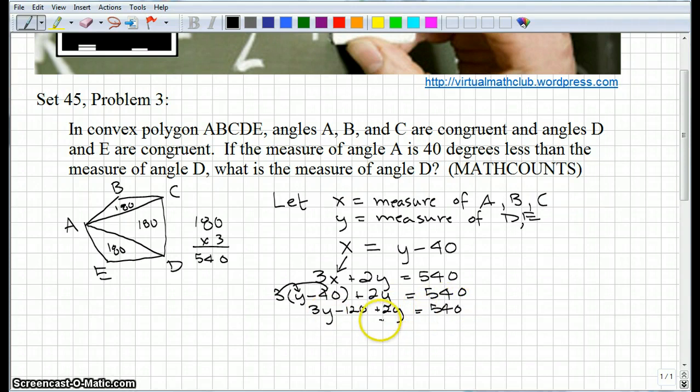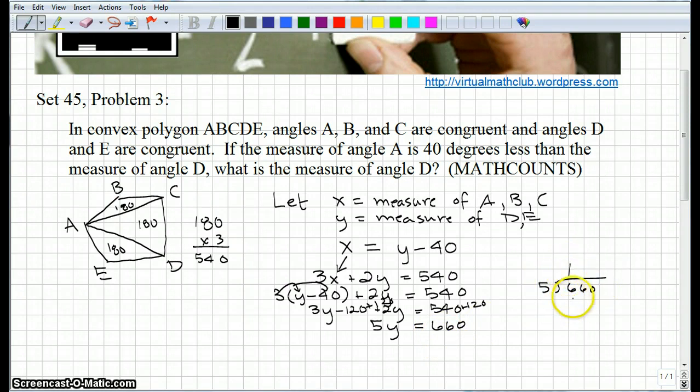I can add the 3y and the 2y, and I'll get 5y. And then I'm going to add 120 to both sides. So I get 5y is equal to 660.